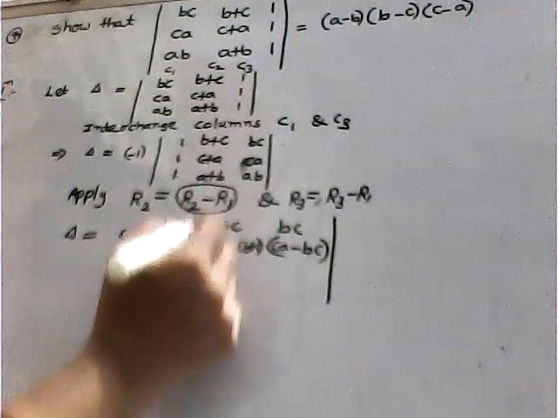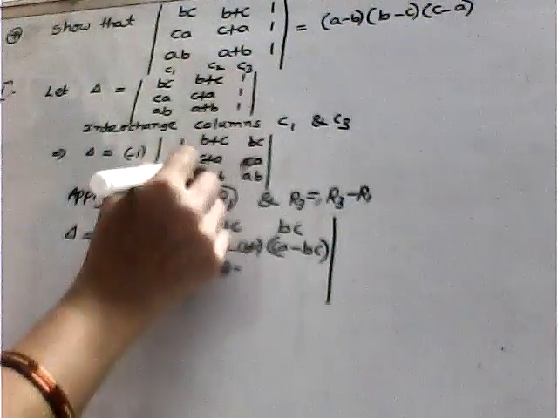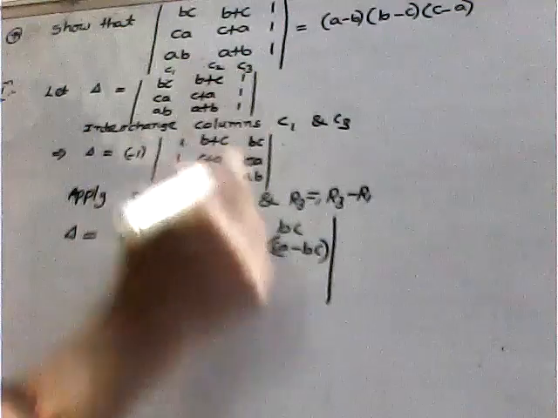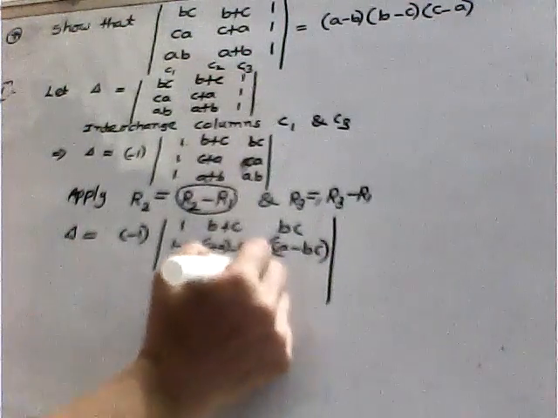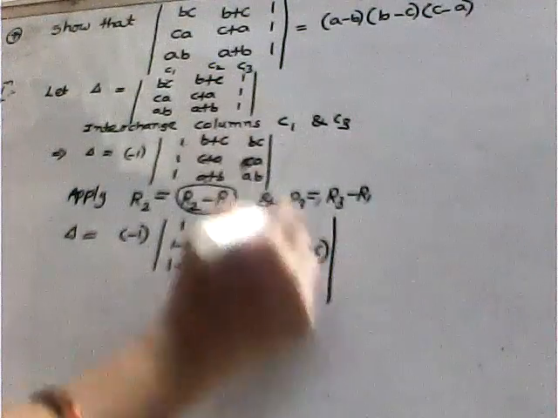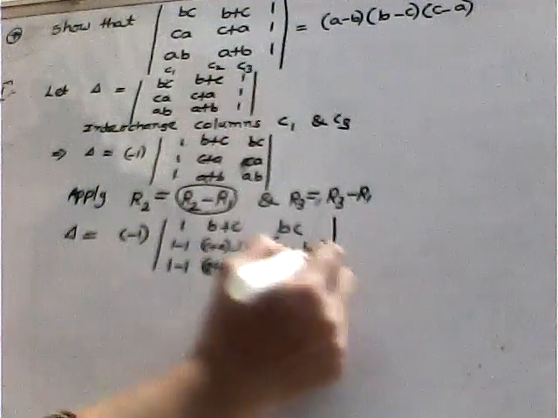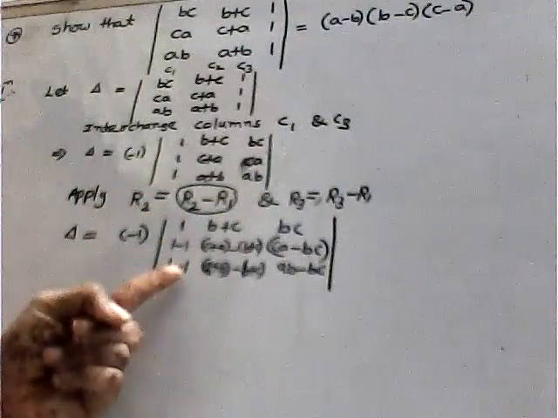Next, A plus B minus B plus C. Next, AB minus BC. We change the R2 row and R3 row according to this order.